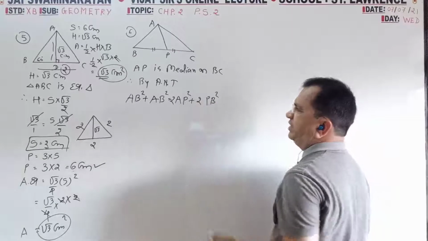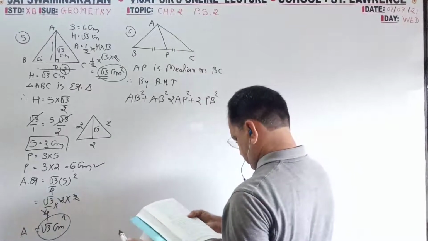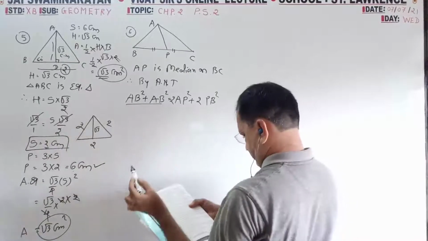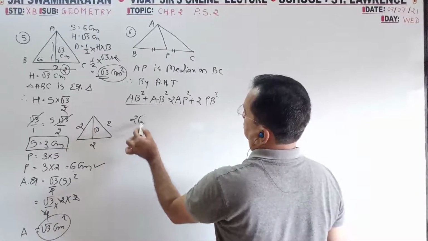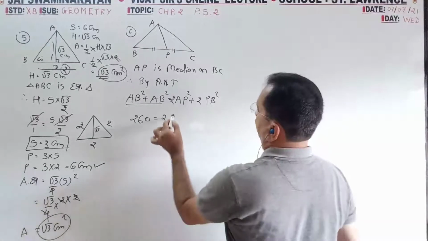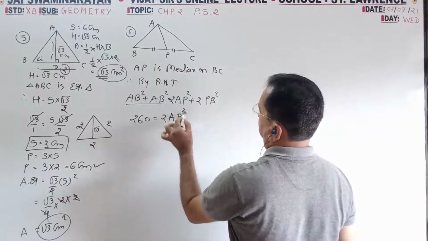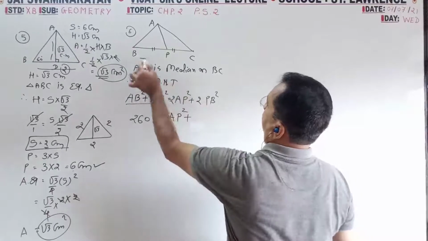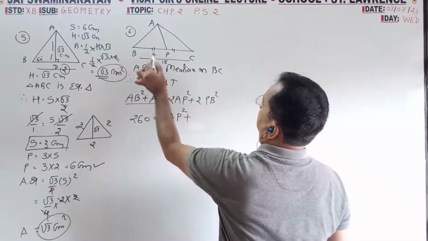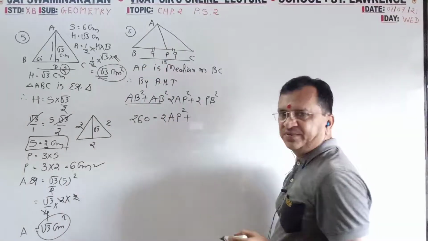Any one side you can take. This much is given, 260. AP we have to find. PB is not given, total is given 18. So both are 9, 9.